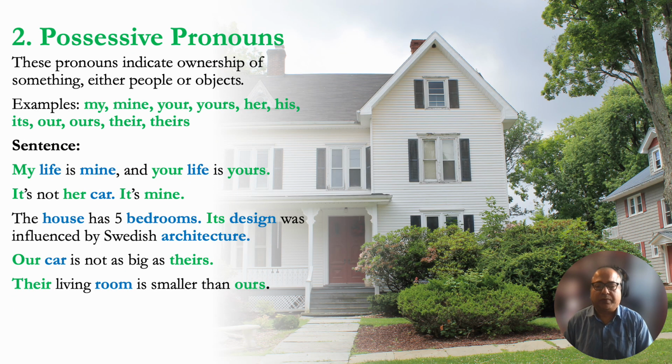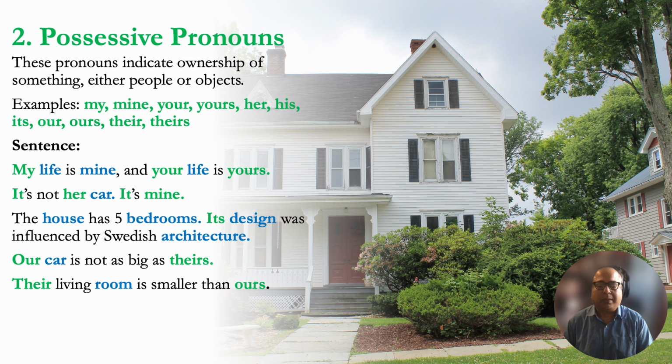Okay? The second type of pronouns is possessive pronouns. And when we use a possessive pronoun, we indicate some sort of ownership. Okay? Either of people or of objects, such as my life is mine, and your life is yours. Our car is not as big as theirs.